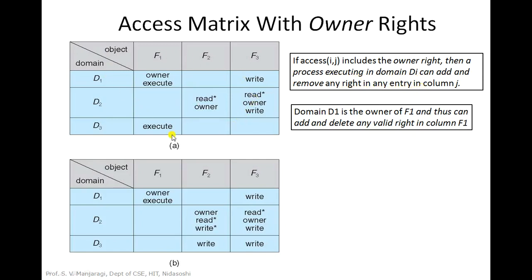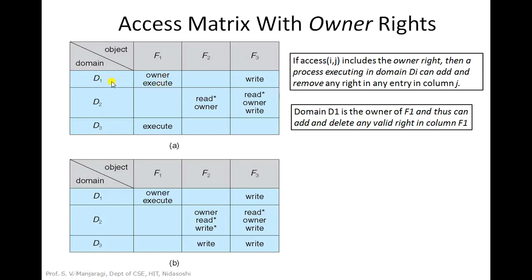Let us look at this particular access matrix. There are three domains D1, D2, D3, three objects F1, F2, F3, and different access rights set for the processes of different domains on the objects. Here, if you look at domain D1, for object F1 it is set as owner execute.